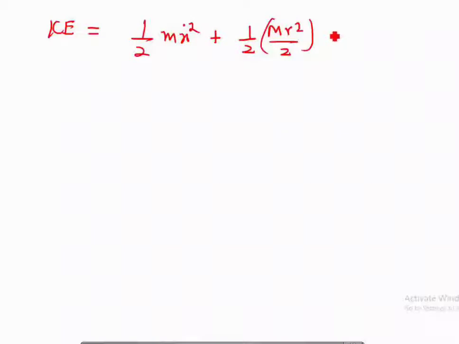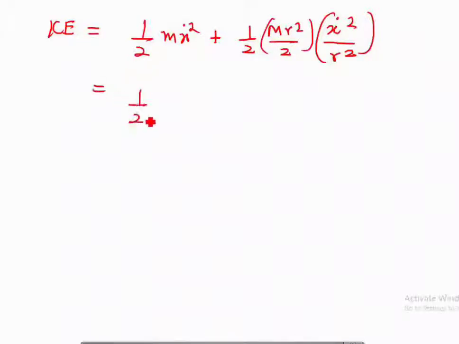Now I is capital M r square divided by 2, and theta dot square is x dot square upon r square, because I am putting theta dot equal to x dot upon r, since I have to convert it into the x form, because they have asked you to find it in the x form.